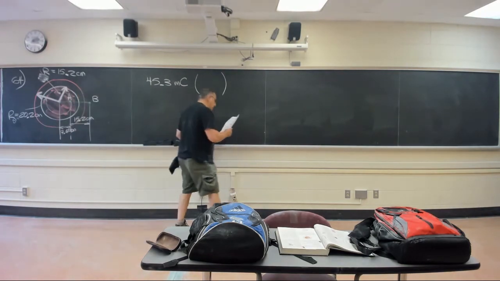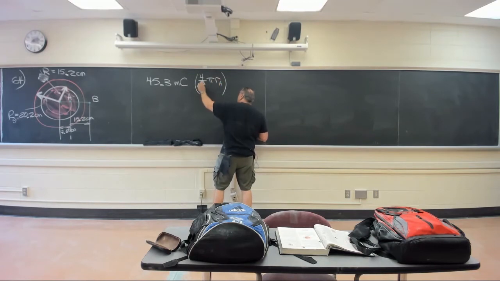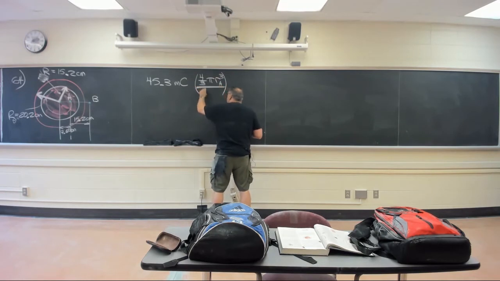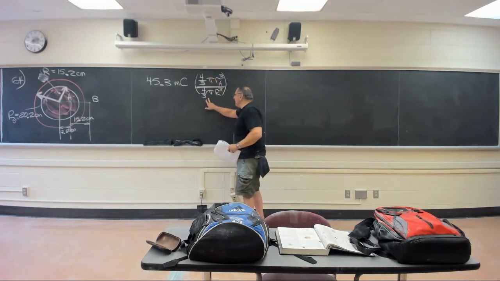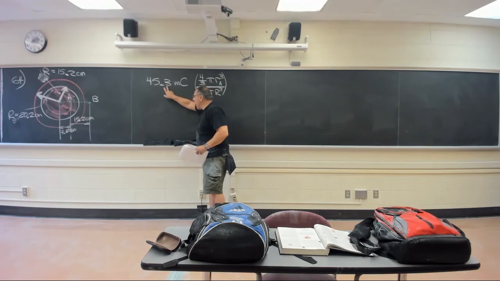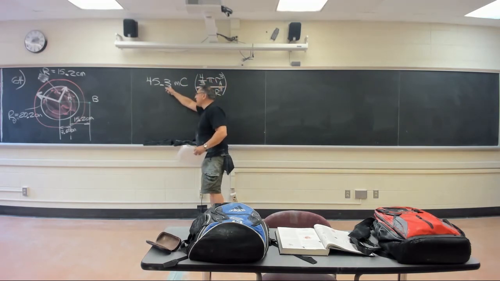So it's basically the ratio of volumes. If it's uniformly distributed, 4/3 pi R sub A cubed divided by 4/3 pi capital R cubed. The ratio of small volume to big volume times the total charge will give you a fractional amount of charge compared to the total charge.